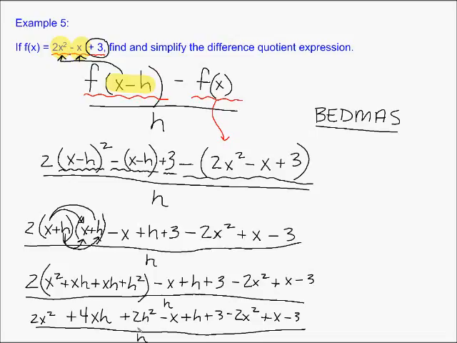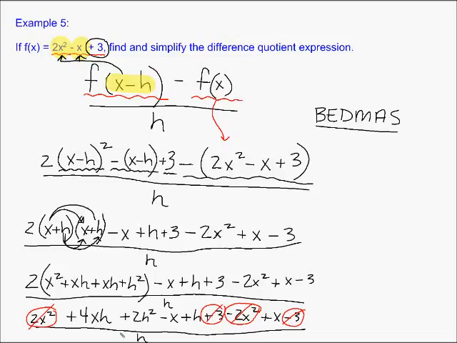Now I'm just going to combine my like terms. So let's change my pen color here. Like terms, I have an x squared here, 2x squared. I have a minus 2x squared. So 2x squared minus 2x squared actually gives me 0. So those cancel out. I have a plus 3 and a minus 3.